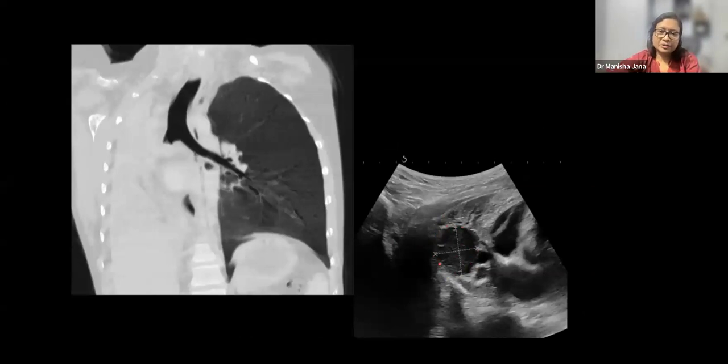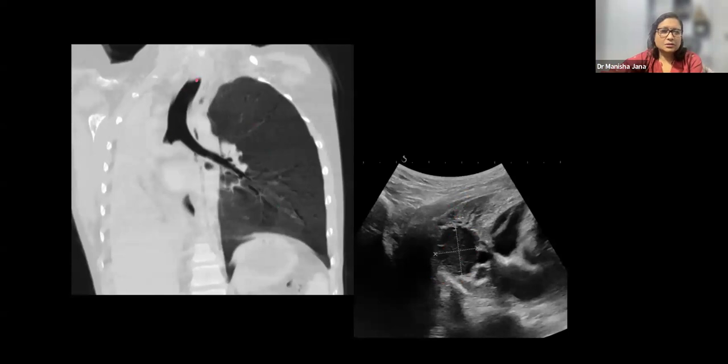And in this case, the distinction between the mass centrally and the consolidation peripherally is so stark, so prominent, which was not that evident even on CT. So whenever possible, we use our judgment to give it a sort of ultrasound so that we can tailor our next investigation better.